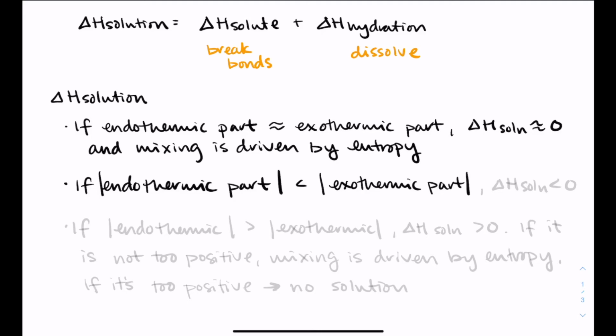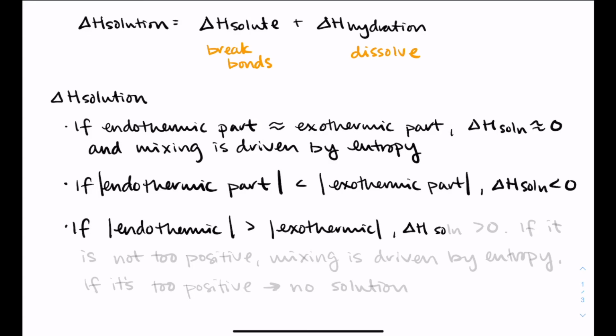If the absolute value of the endothermic part is less than the absolute value of the exothermic part, so if you get more energy out than you put in, your enthalpy of solution will be negative. And if you put in more than you get out, so your endothermic part has an absolute value bigger than your exothermic part, your enthalpy of solution will be positive.